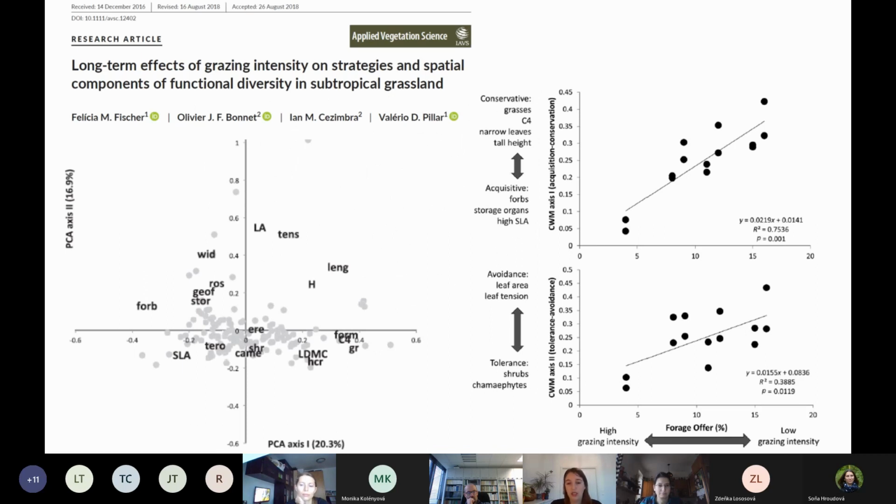Even I already used this type of method, using the axis instead of the traits for some analysis. For example, here, how these strategies are answering to a disturbance gradient.